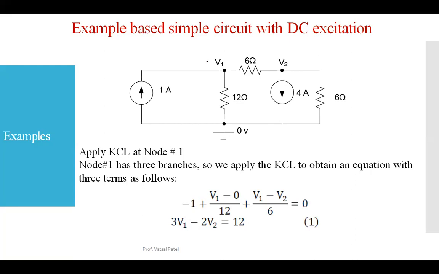It is not mandatory, but right now as it is given here, that is minus 1 ampere, and V1 minus 0, that means the voltage V1 with reference to reference node, it is (V1 minus 0) by 12 ohm and (V1 minus V2) by 6 ohm. If you simplify this equation, we will get 3V1 minus 2V2 is equal to 12. So this is our first equation we obtain from node number 1.